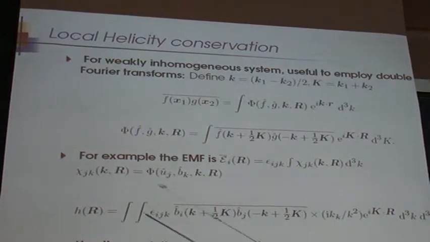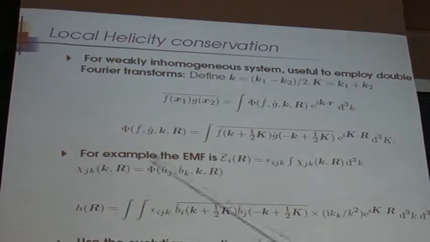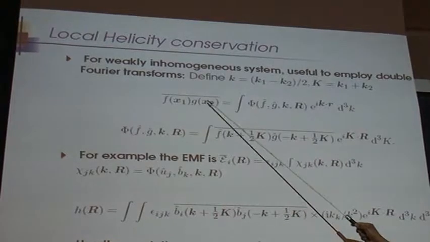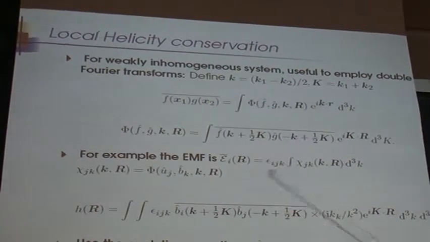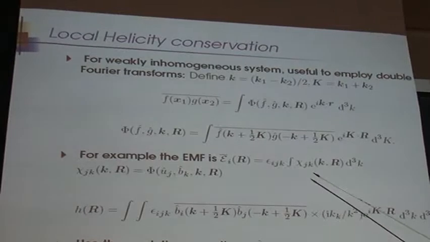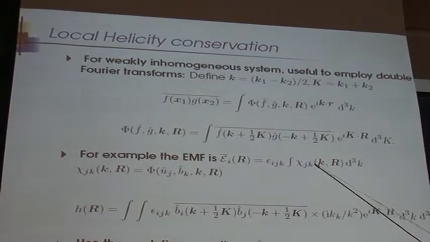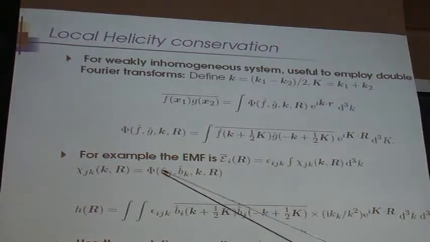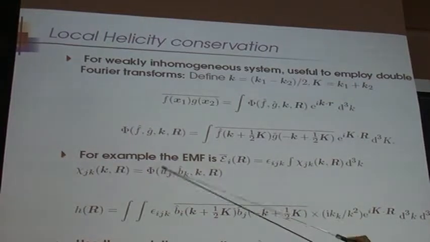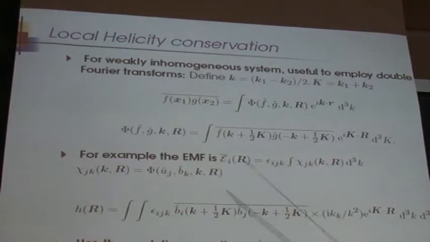If you want the electromotive force, for example, you will put a u and a b here, and the mean electromotive force will be an integral like this, where this chi is related to this phi function, where f is the Fourier transform of u, and g is the Fourier transform of b. This allows you to systematically do your algebra in this two-scale kind of problem.